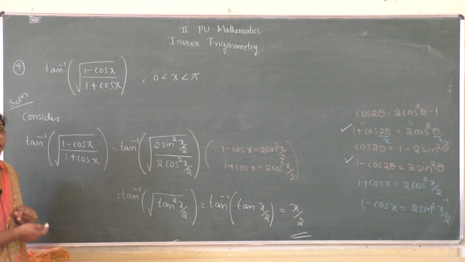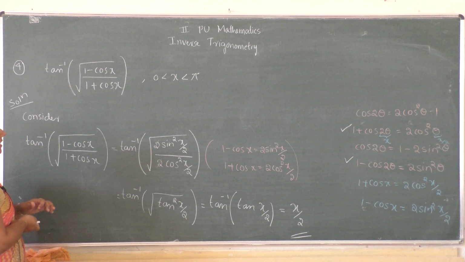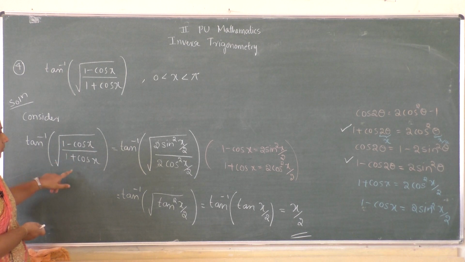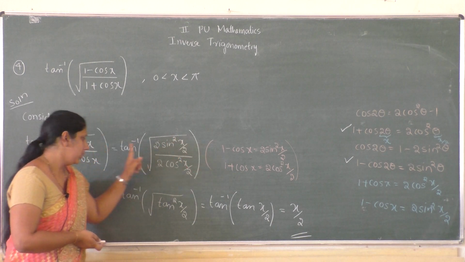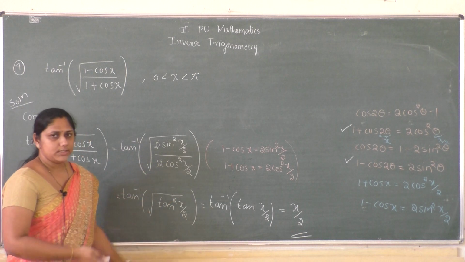So this is the required simplified form of the given question, tan inverse of root 1 minus cos x by 1 plus cos x. Here we have to use the formulas: in the place of 1 minus cos x we write 2 sin square x by 2, and in the place of 1 plus cos x we write 2 cos square x by 2.